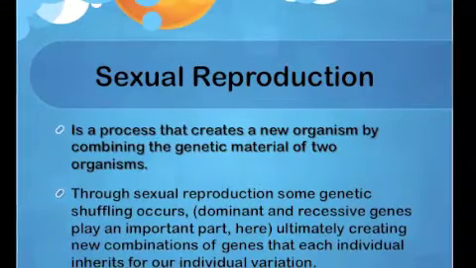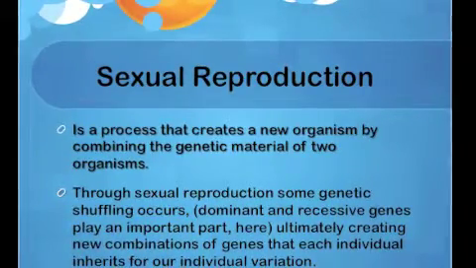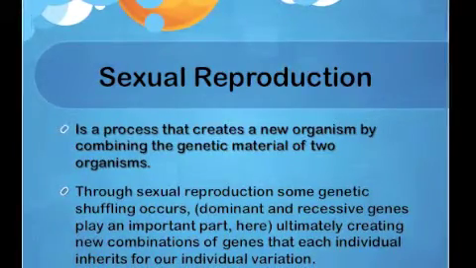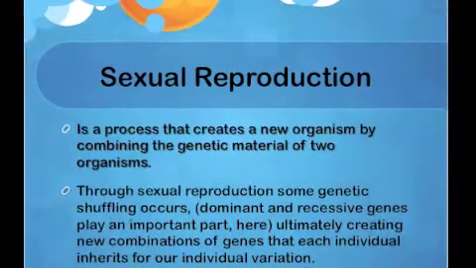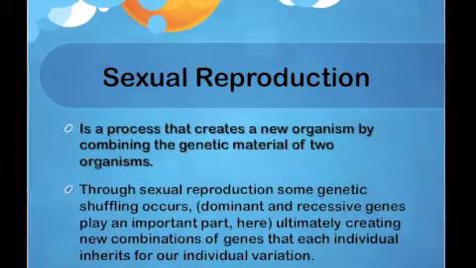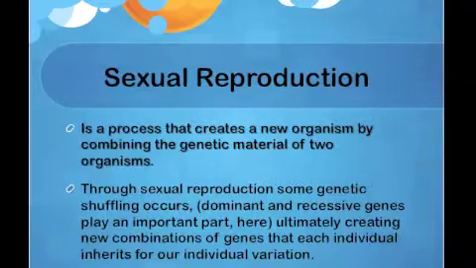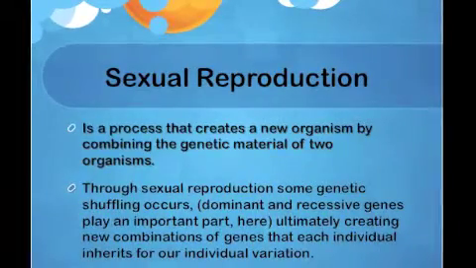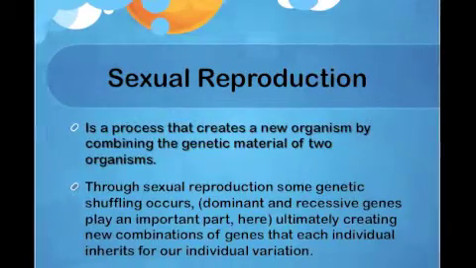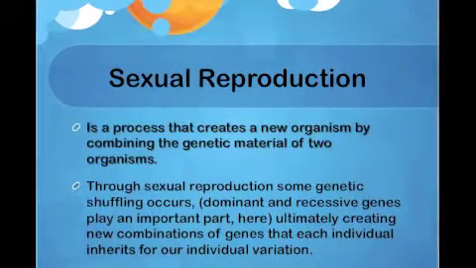Sexual reproduction is a process that creates a new organism by combining the genetic material of two organisms. Through sexual reproduction, some genetic shifting occurs. Dominant and recessive genes play an important part here, ultimately creating new combinations of genes that each individual inherits for our individual variation.